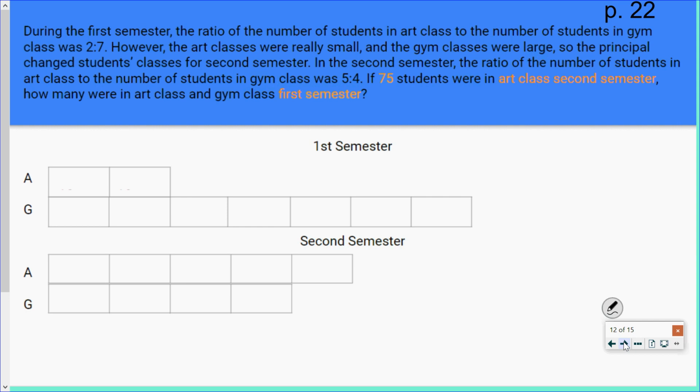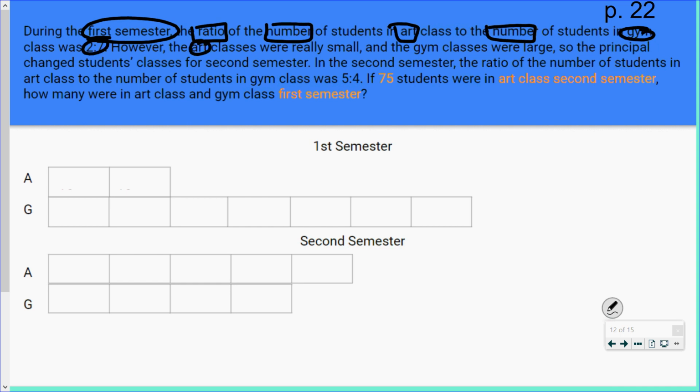Okay, once again, we're going to start with marking our text. This is going to help us out. So during the first semester, the ratio of the number of students in art class to the number of students in gym class was 2 to 7. However, the art classes were really small and the gym classes were large. So the principal changed student schedules for second semester.